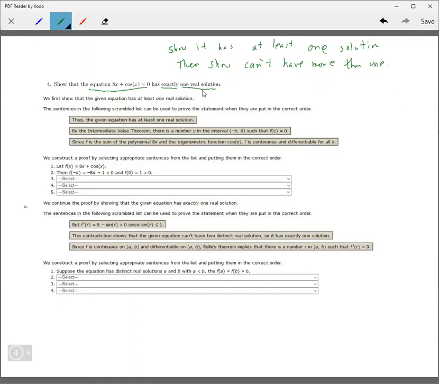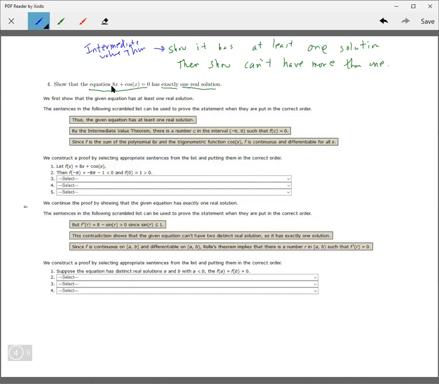And that gives you exactly one real solution. And the best way to do the first one is the intermediate value theorem. So that's how we're going to start off.